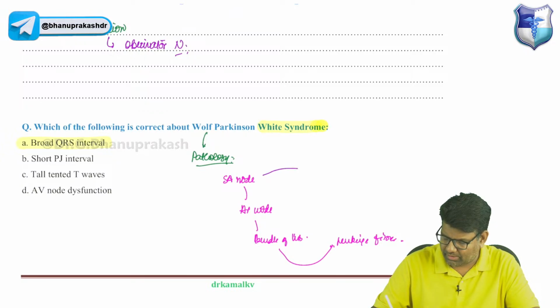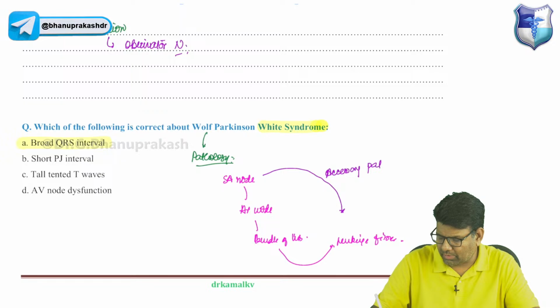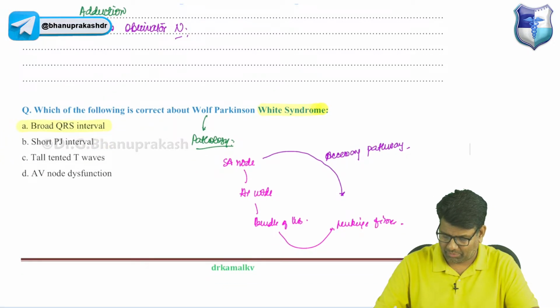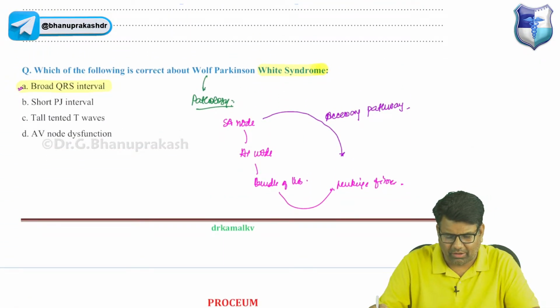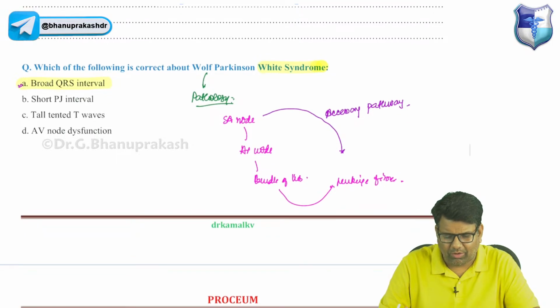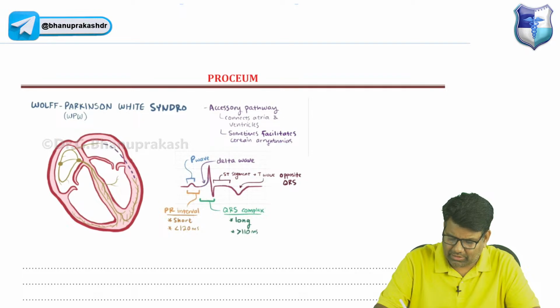But there is a bypass channel, an accessory pathway. The impulses reach the ventricles through this bypass channel, and that increases the duration of the QRS complex. For treatment you can give procainamide, amiodarone, or flecainide, or sometimes you can do ablation of this tract.